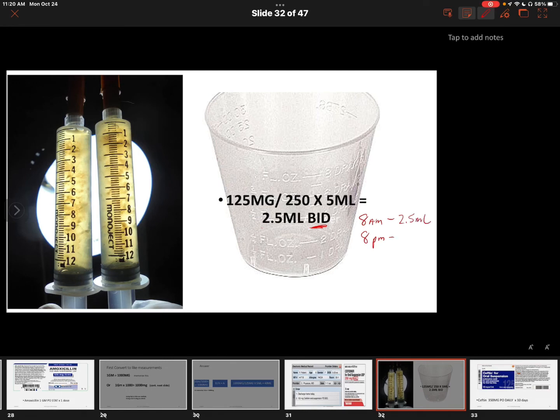And then at 8 p.m., they're getting another dose of 2.5 milliliters. So really, for the entire day, they're getting a total of 5 milliliters for the whole day. But for each dose, they're getting 2.5 milliliters.